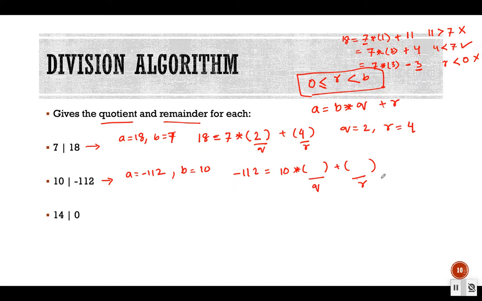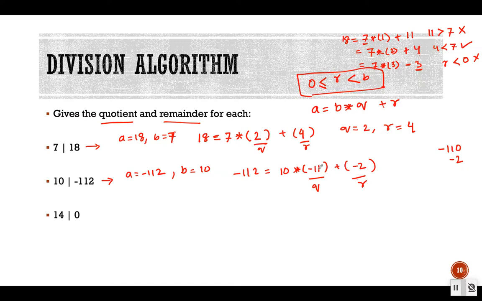Let's say we choose q equals minus 11. Then minus 110 means our r has to be minus 2, giving minus 112. But as we know, r has to be between 0 and b; r cannot be less than 0.